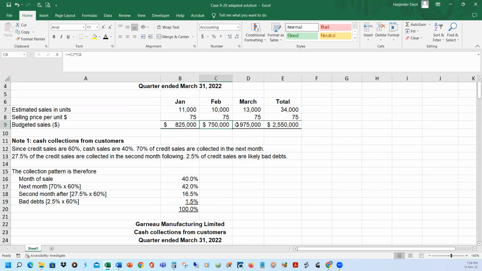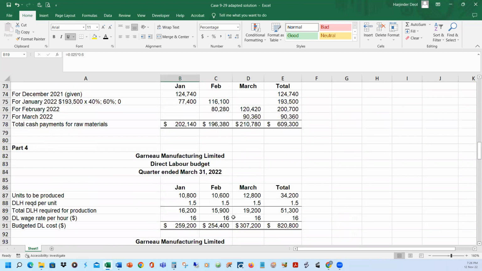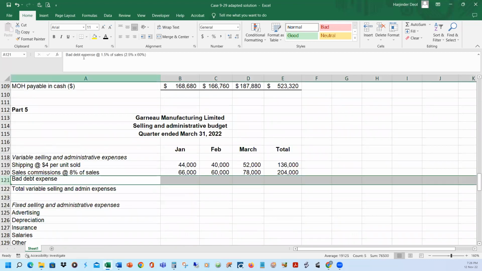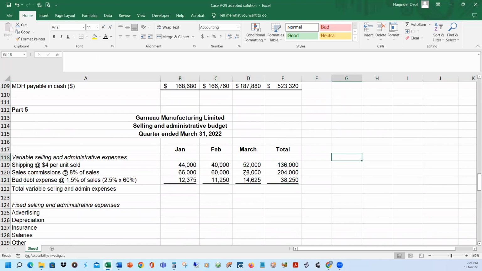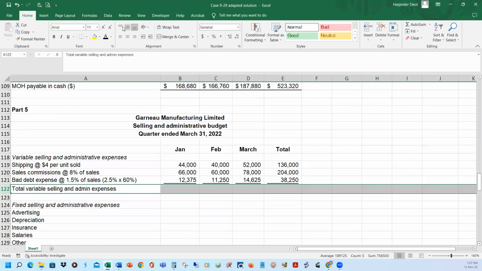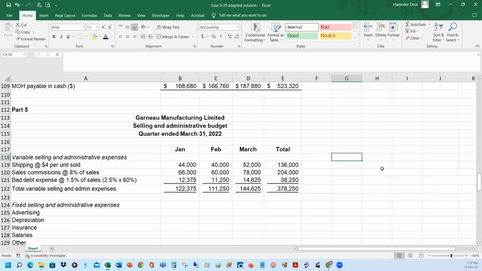We can multiply the total sales dollars by 1.5% for each of the months to get the bad debt expense for that month. That's basically what you do here. Multiply the monthly sales by 1.5%, and that gives us $12,375 for January, $11,250 for February, and $14,625 for March. Sum them up and you get total variable selling and admin expenses for the months of January, February, March, and the total for the quarter.